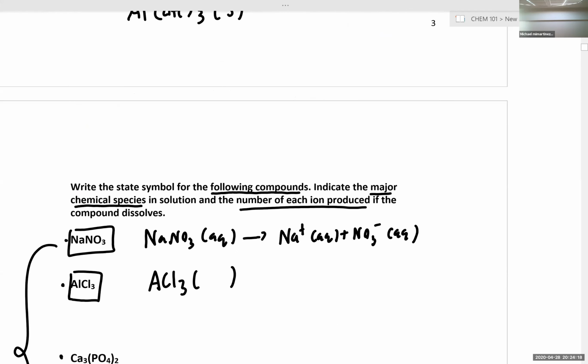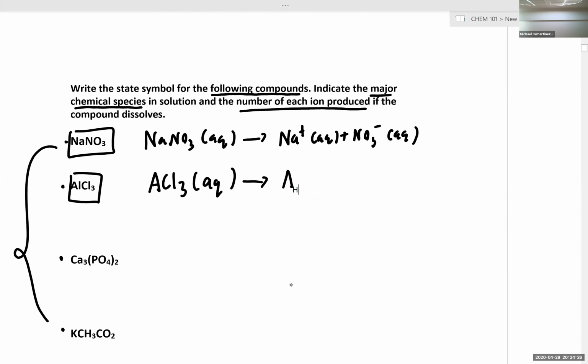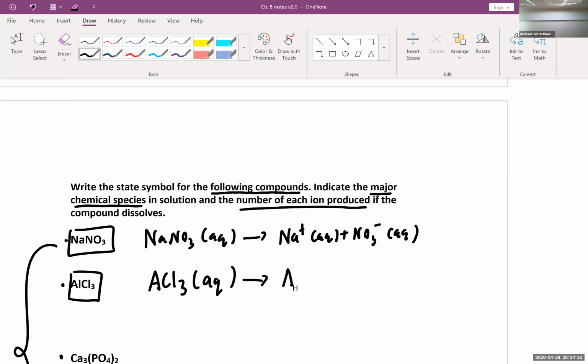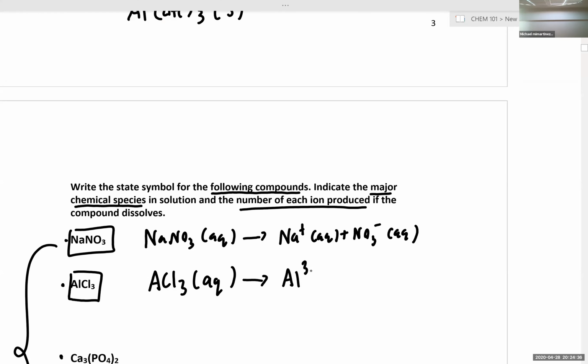So aluminum chloride gets an aqueous symbol, and it breaks down into Al3+ and 3 chloride ions, reading from the chemical formula.